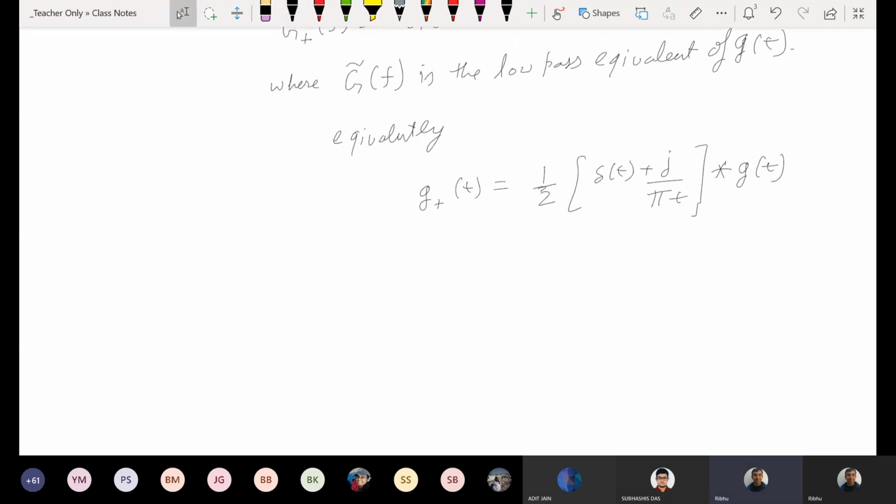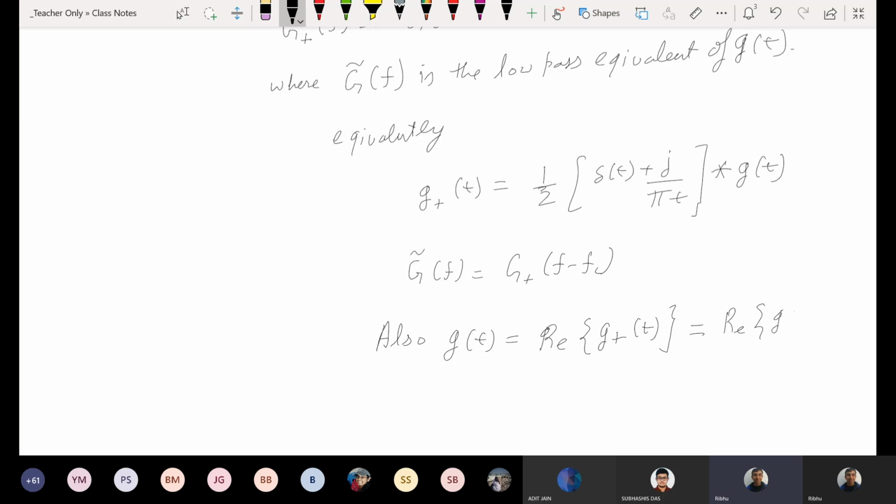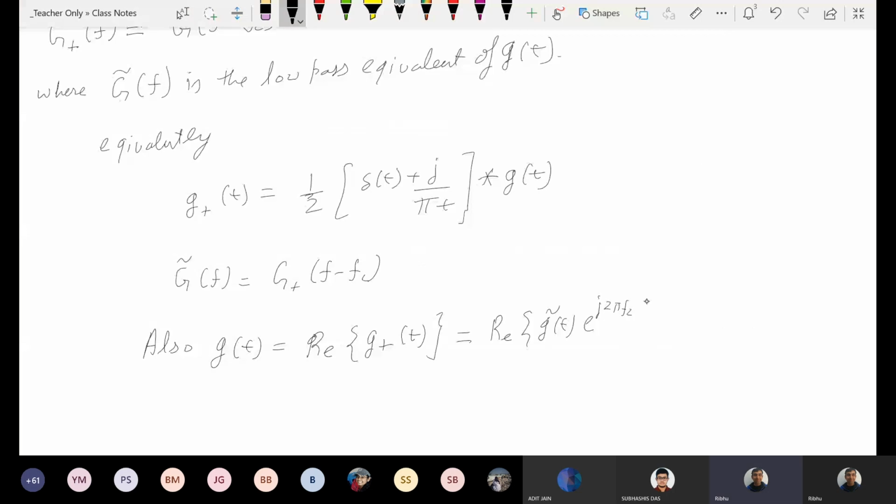And also g of t equals the real part of g plus of t, which equals the real part of the expression.